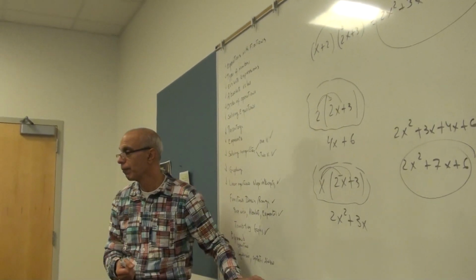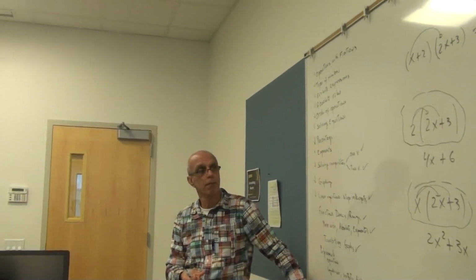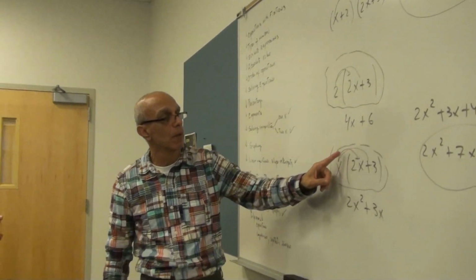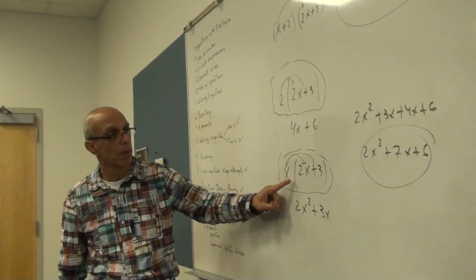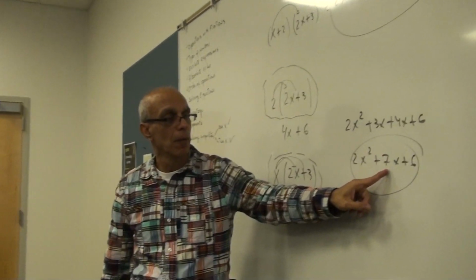Can we say for this one to factor like x plus 6 multiply x plus 1? No, for this one? No, 2x squared plus 7x plus 6.